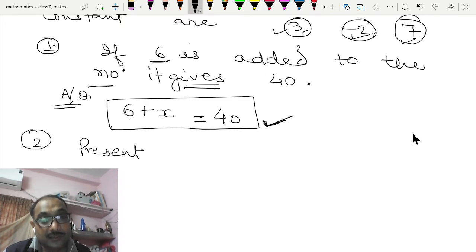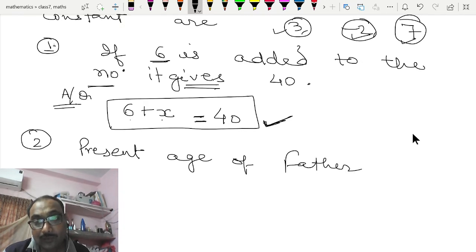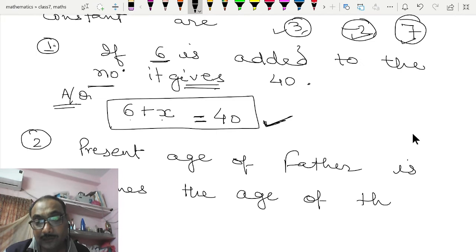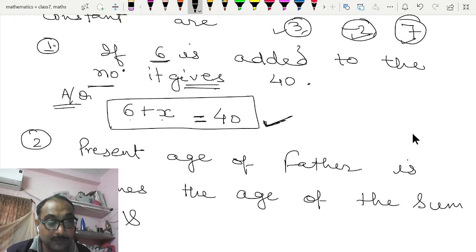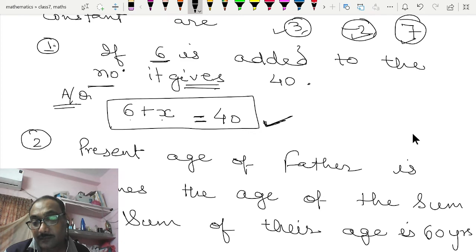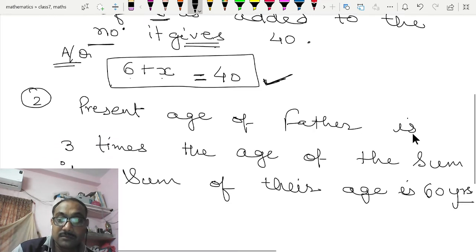Let's come to the second question. Present age of father is 3 times the age of the son. If the sum of their ages is 60 years, find the equation.